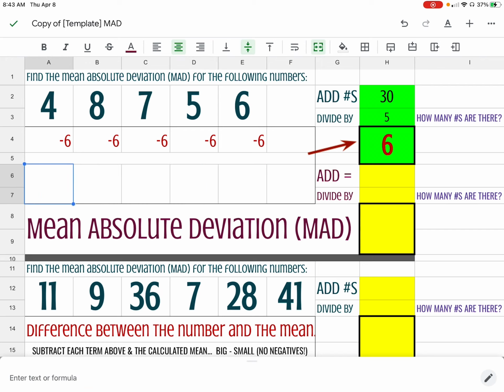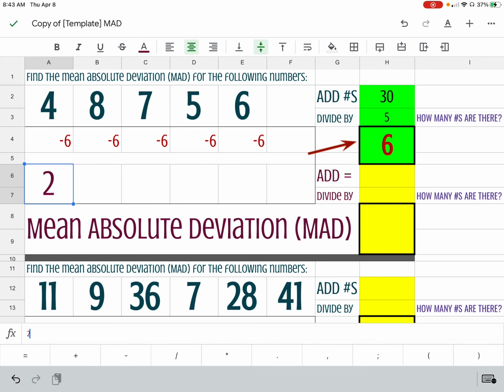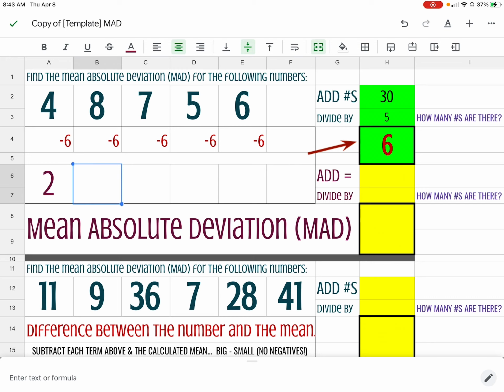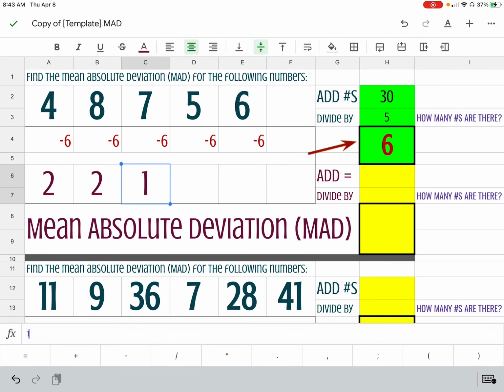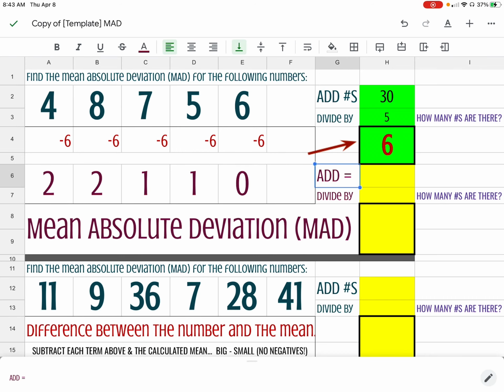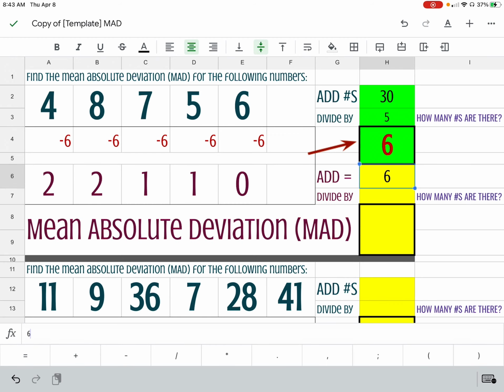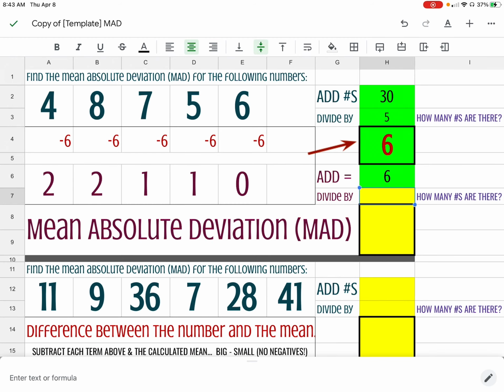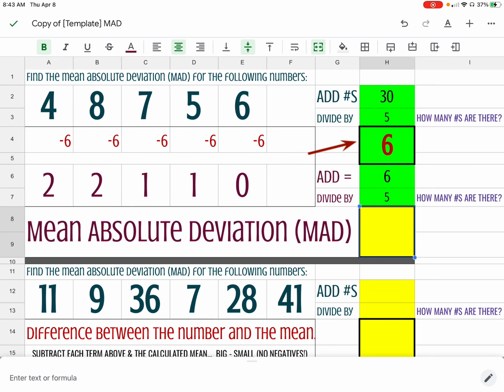So 4 minus 6 is technically negative 2, but we're going to take the positive version. 8 minus 6 is 2, 7 minus 6 is 1, 5 minus 6 is technically negative 1, but we only want positive numbers. 6 minus 6 is 0. Add those up. So 2 plus 1 is 6. And once again, we're dividing it by 5 because we started with 5 numbers, still have 5 numbers. And we get our mean absolute deviation to be 1.2.